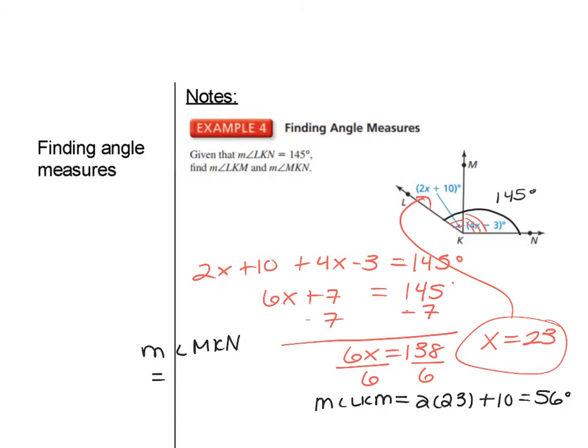And that's going to be equal to 4 times 23 minus 3. And we get 89. Or once you find one of them, just subtract it from 145 and you get the other one. Does that make sense? Do you have any questions?